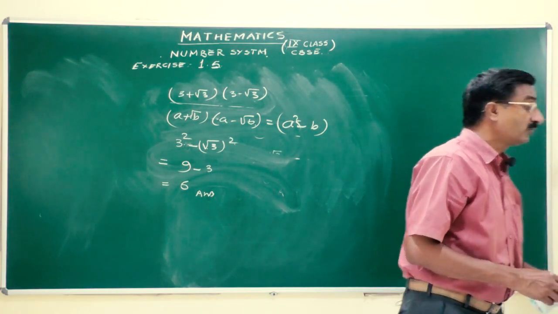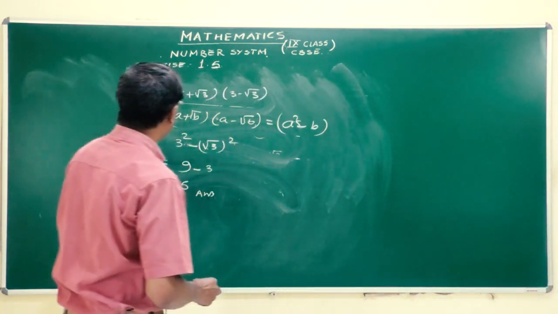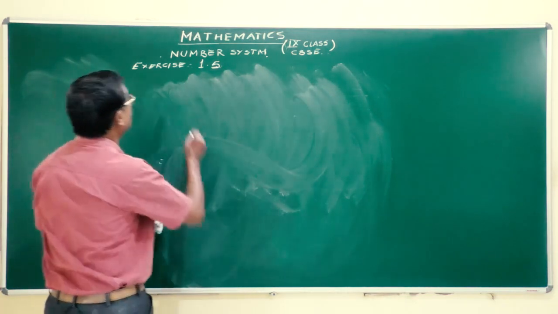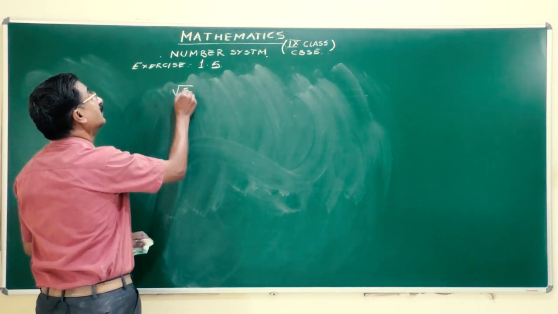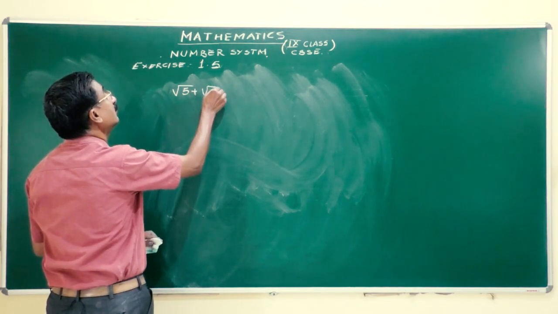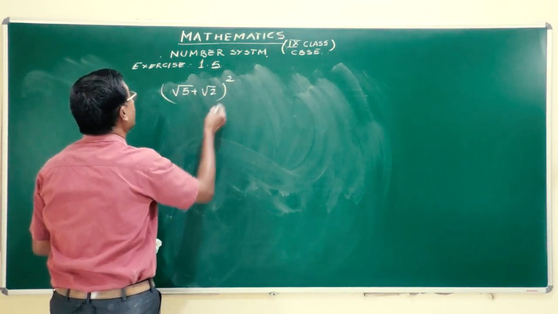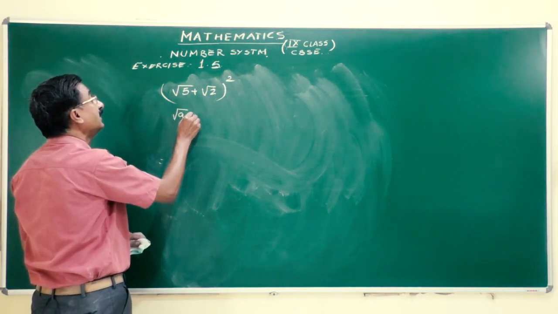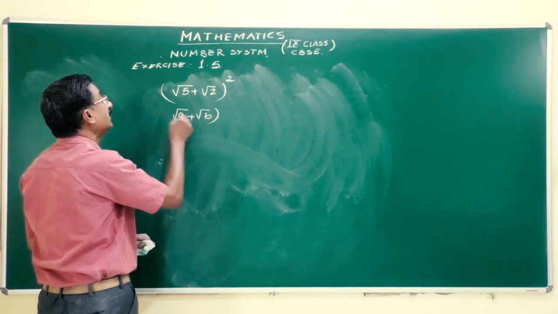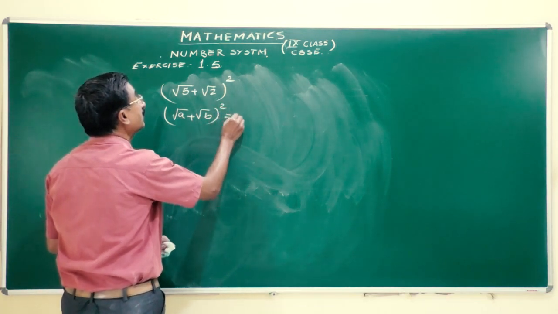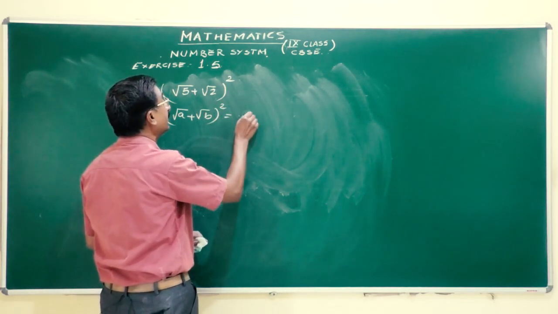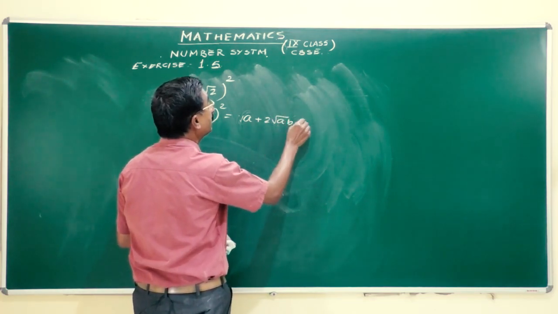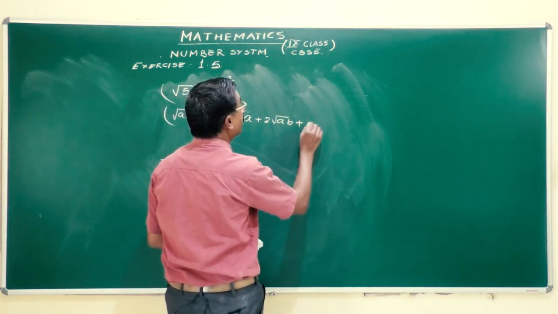Third, under root 5 plus under root 2 whole square. Which identity will we use? Under root a plus under root b whole square is equal to a plus 2 root ab plus b.